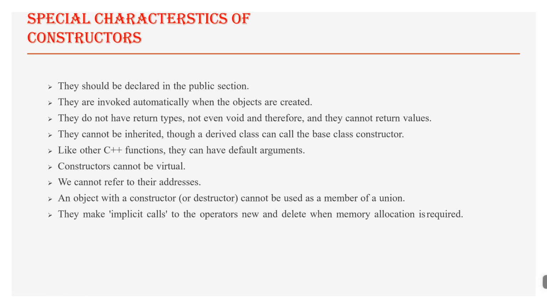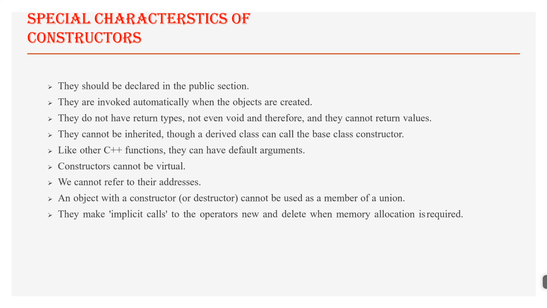So constructors cannot be inherited through any derived classes. Though derived classes can call the base class constructor, they cannot inherit it. Then, like other C++ functions, they can have default arguments. So you can have default arguments also. And constructors cannot be virtual.